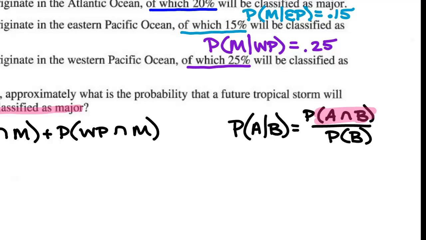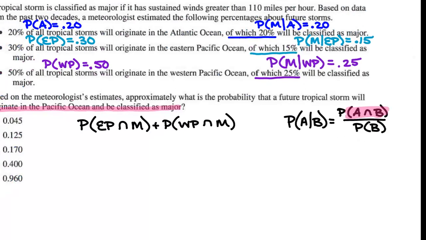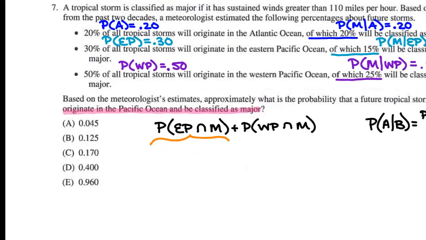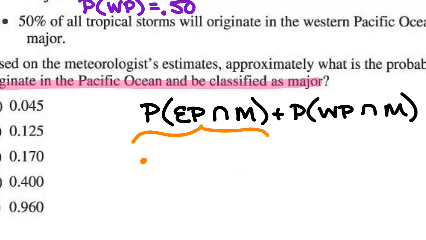So for this one right here, I have the given that as 0.15 is equal to, I don't know what's up here, but I know the denominator is 0.3.